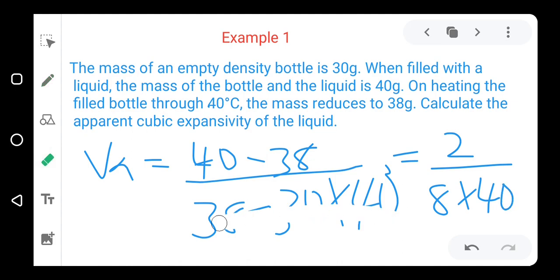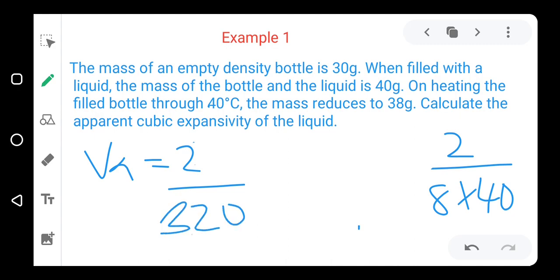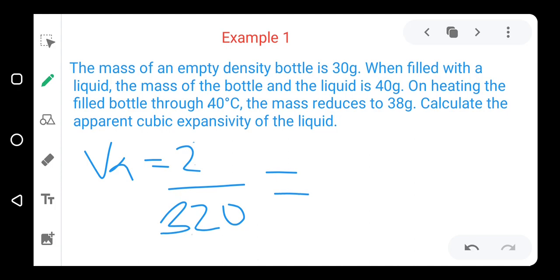Now this gives us that VA, or the apparent cubic expansivity, is equal to 2 over 8 times 40, which is 320, and that gives us 0.00625.